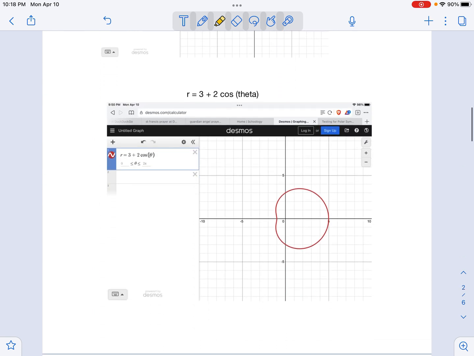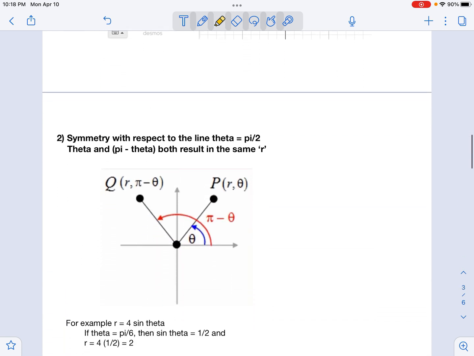Now the next one is symmetry with respect to the line theta equals pi over 2. That's this line. When something's symmetric to the line theta equals pi over 2, you can see that this point P and this point Q are symmetric about that line.